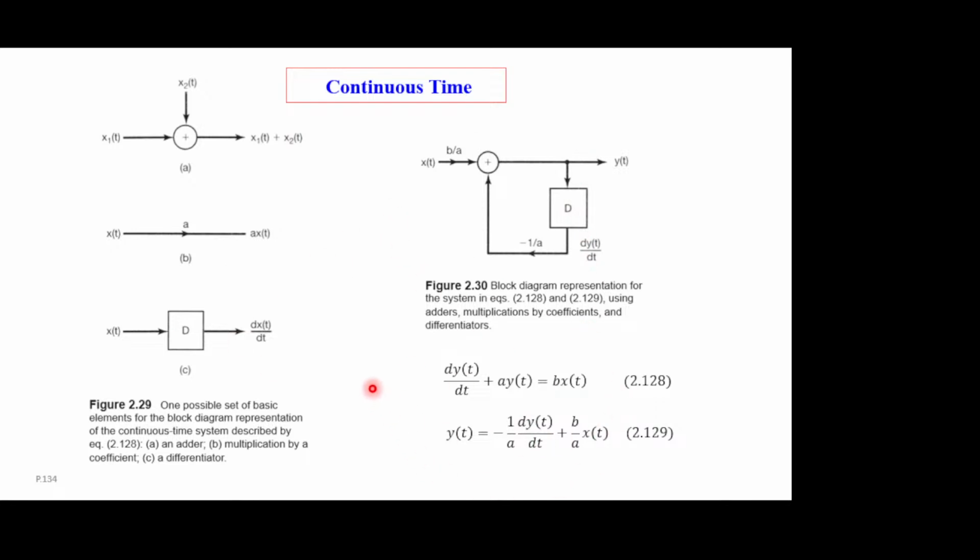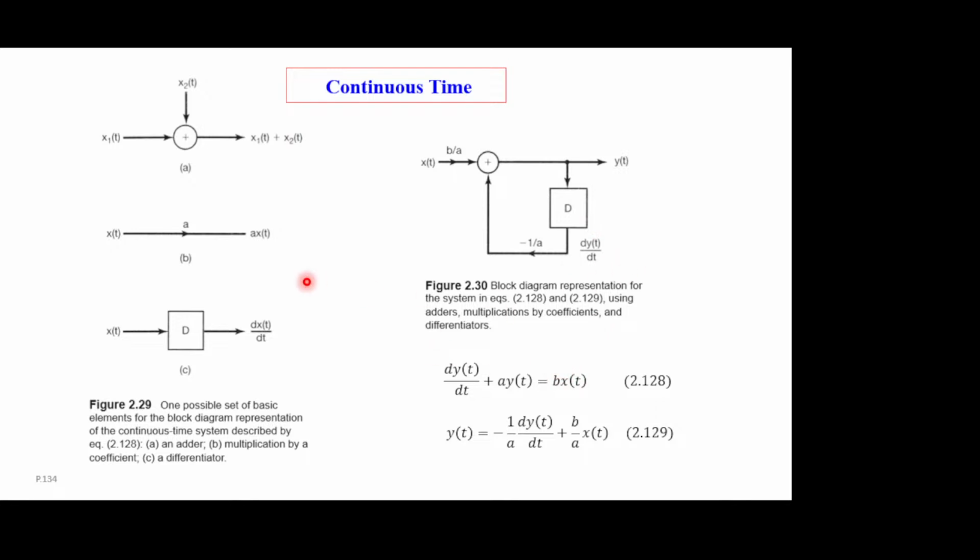So yeah, this is what the engineer would like to do. So you want to build some component that represents the system described by this differential equation, then you can build a circuit like this, and it will give you this x-y input-output relationship.